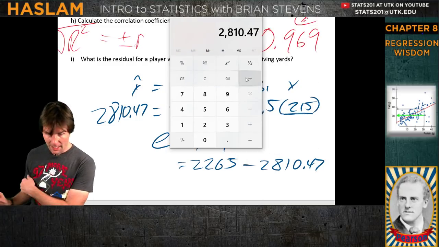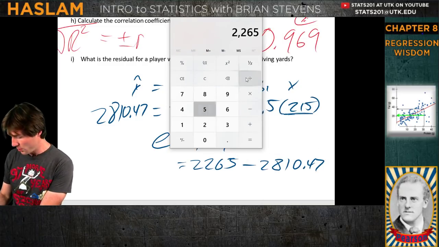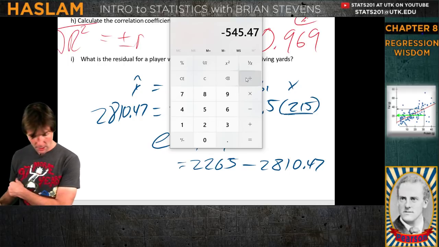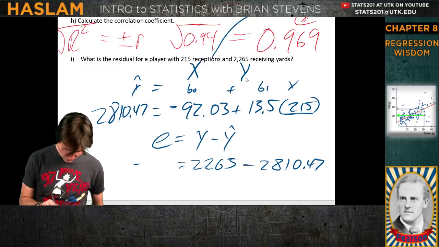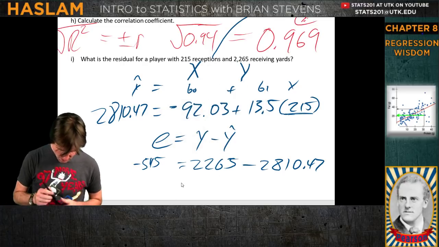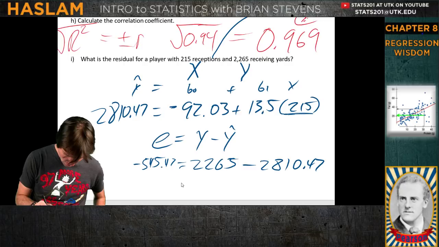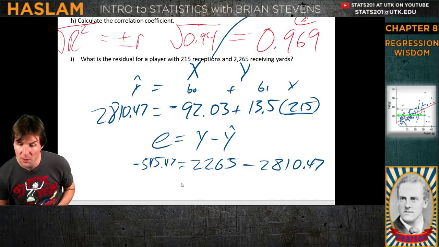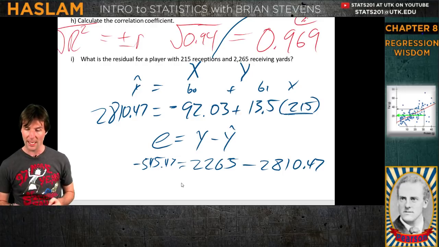Actual minus predicted is 2265 minus 2810.47, and we get negative 545 and point something. Here's another test tip: once you get your answer of negative 545, try completing the equation solving for y hat.